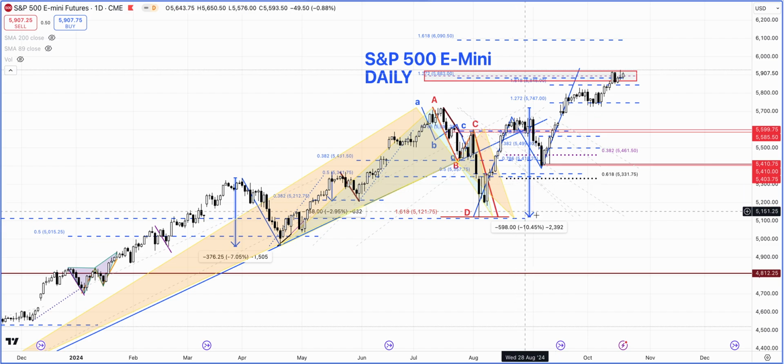There was a chance we could come back into this area, but it found support from here, and we are looking at this blue ABCD, which can in fact take us to 5940 on the S&P 500 daily chart. We came very close to that last week on Thursday, 17th of October. We had a high of 5927 and a quarter, so pretty close.